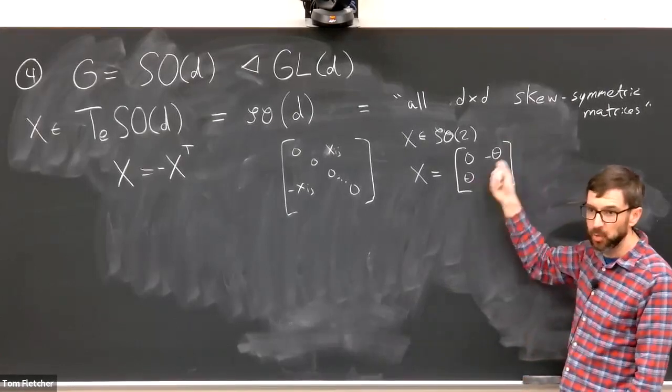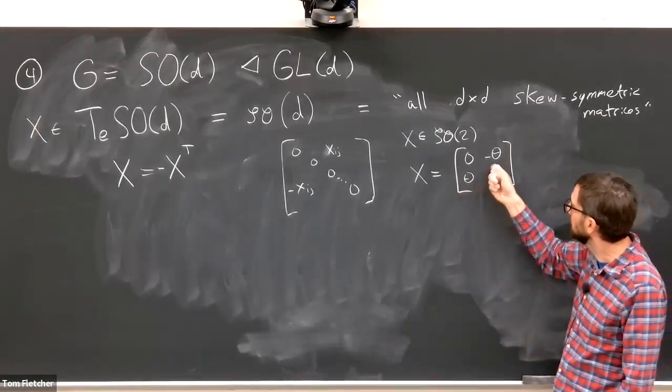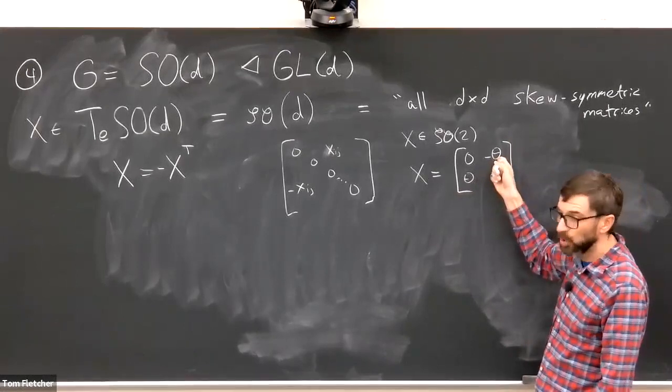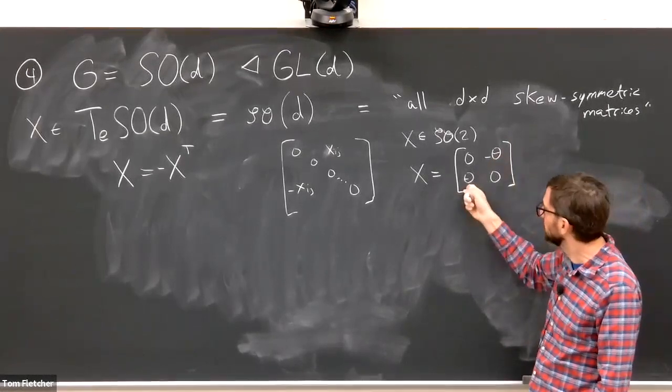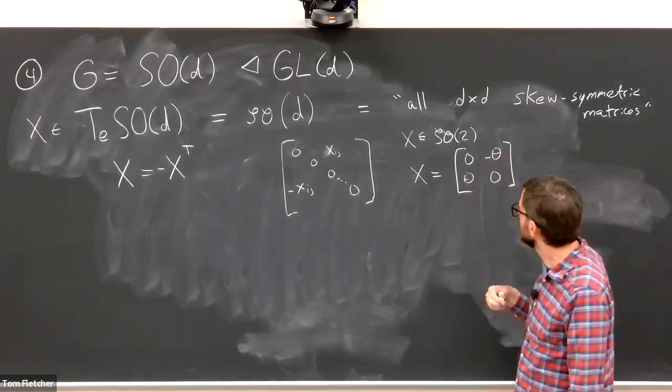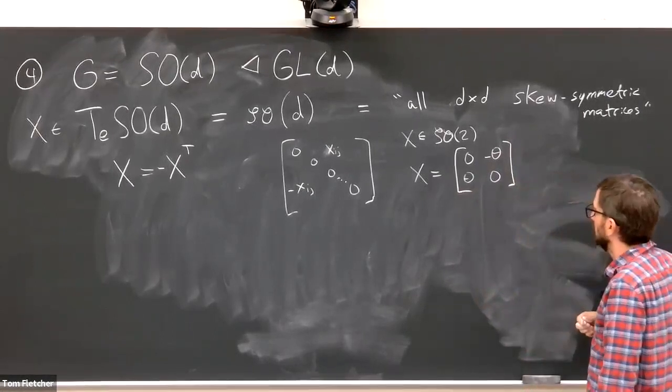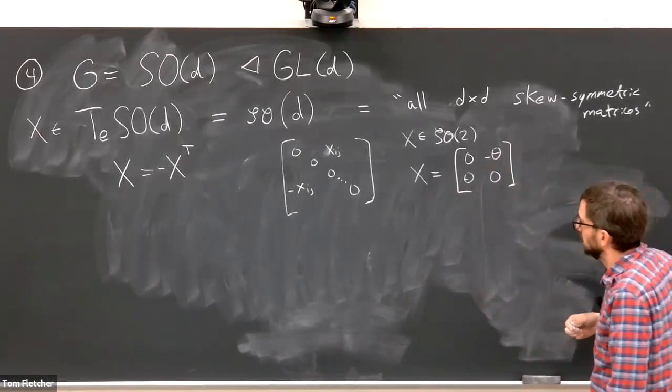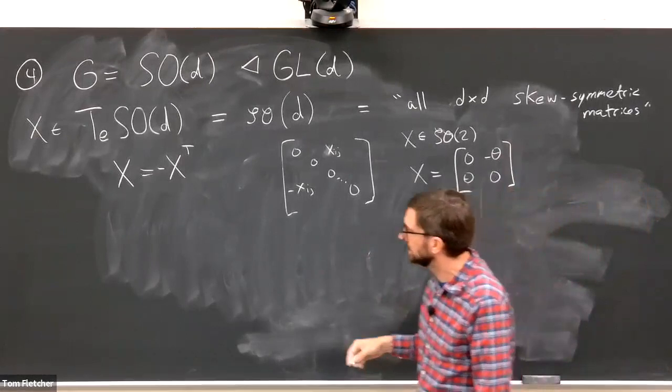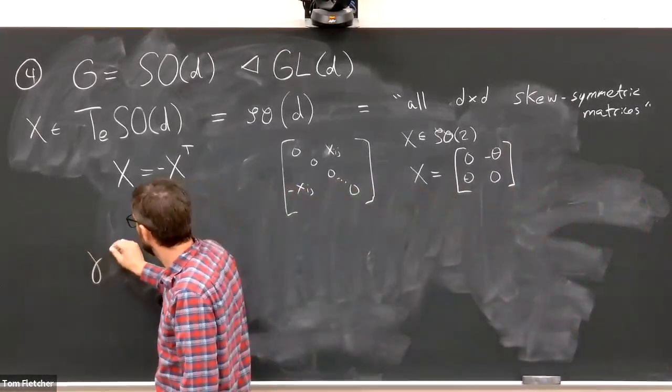So there's only one element, one degree of freedom here. It's the one off diagonal element, because when I transpose it has to be just negated. So you have something like this. Now the matrix exponential is still the one parameter subgroups.